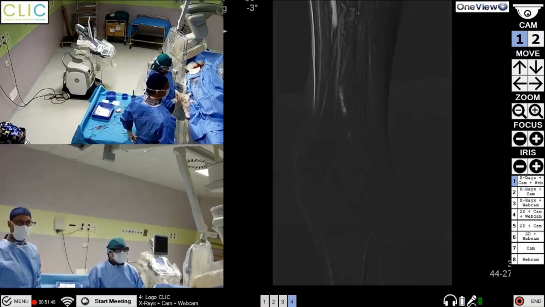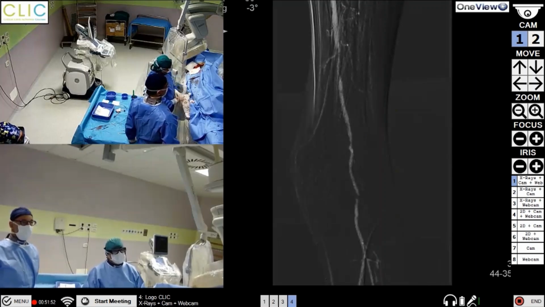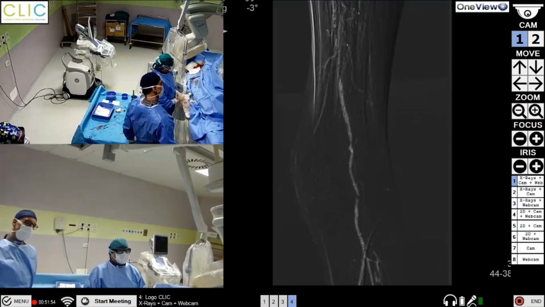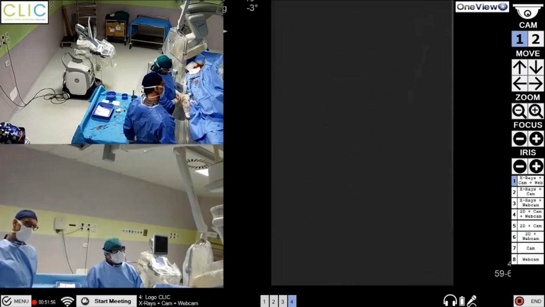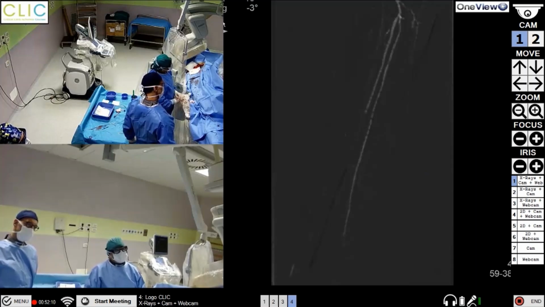The CO2 angio demonstrates some lesions in the SFA. You know that with CO2 it's possible to have an underestimation of the lesion. So after this CO2, we decided to integrate the study with some contrast medium.